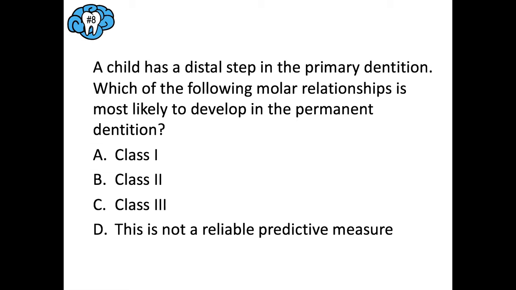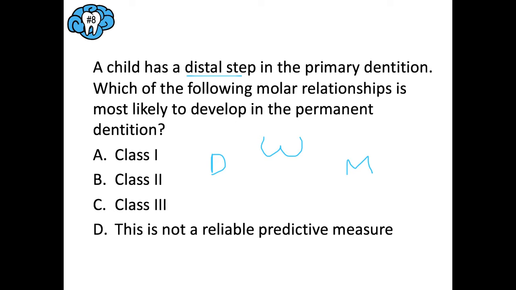All right, so distal step means that we can draw a stair step along the distal surfaces of the primary molars. So this is our distal, this is our mesial, and of course we're talking about steps, so we're in the primary dentition phase. We have that upper first primary molar.